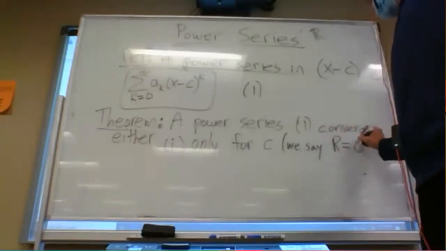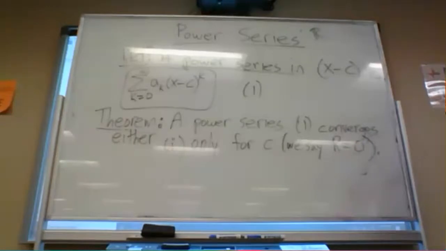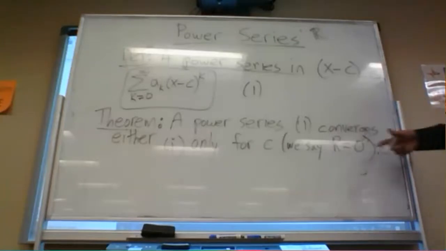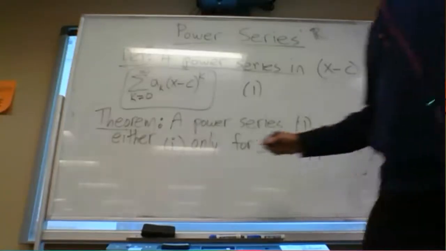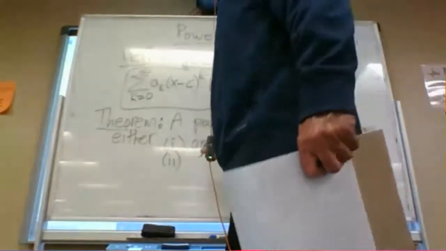And we say then that r equals 0 is the radius of convergence. I'll write the radius of convergence later. But we'll say that because it converges only at a point, the distance it converges from that point is 0, is the idea.